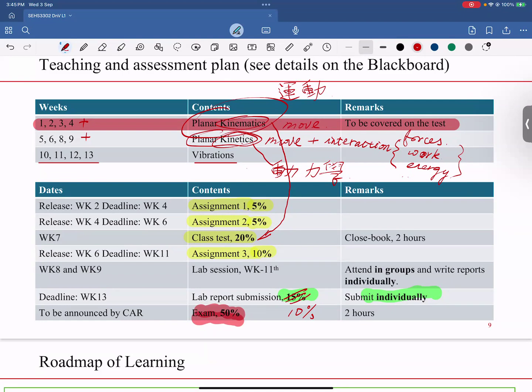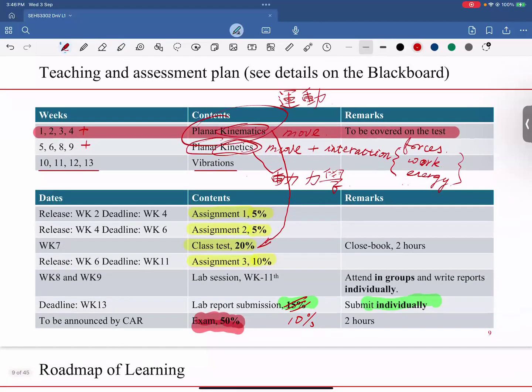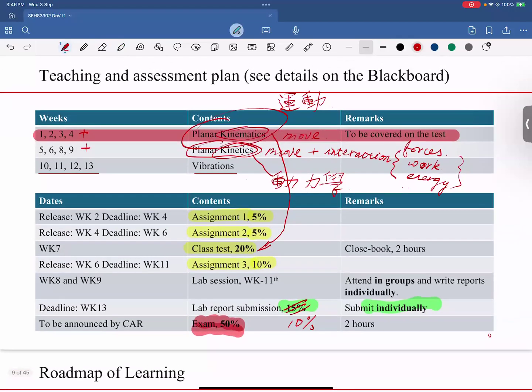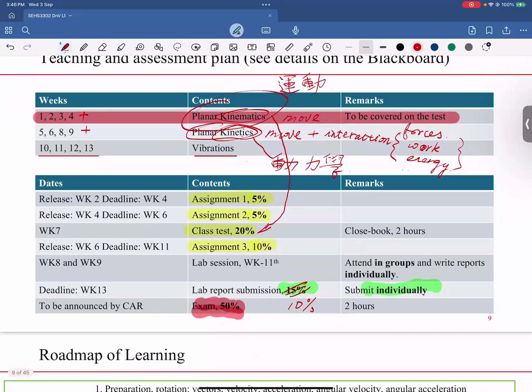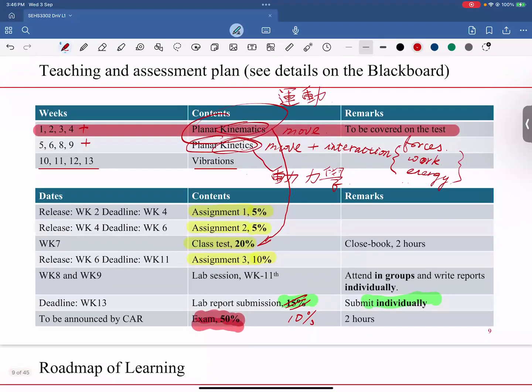I'm waiting for the final confirmation from the office. After I get the final timetable, I will update to the Blackboard. Okay, I will update everything to the Blackboard. So you can check the Blackboard for everything about our lecture, of course. Any other question?